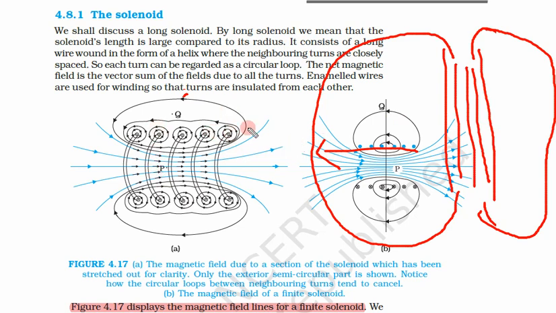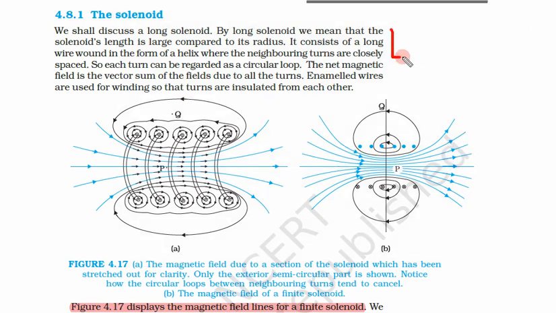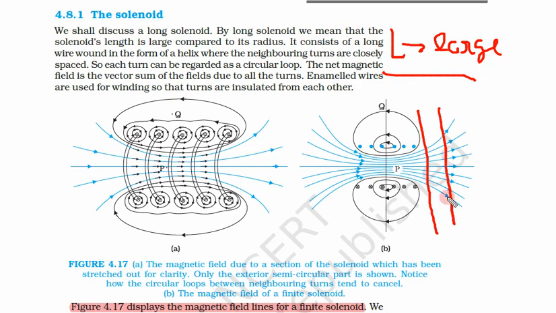So what have we considered? We have considered that the solenoid is very large, so the length of the solenoid is large. In that case, what will happen? Suppose this is a very long solenoid. Inside we have a magnetic field, but outside it is so weak that we can consider B is nearly equal to 0.